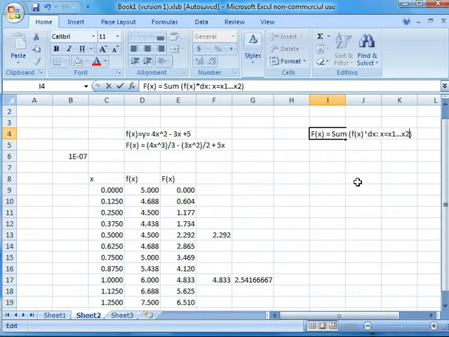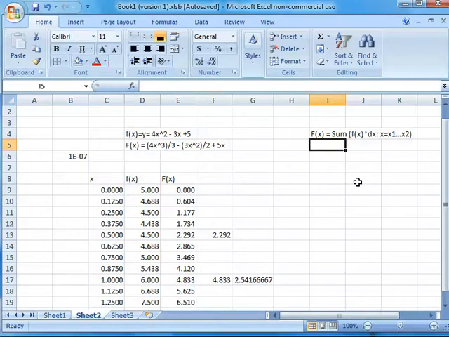It's just the sum of many small areas defined by this product when the base dx is very tiny. Again, we're talking about the original definition.